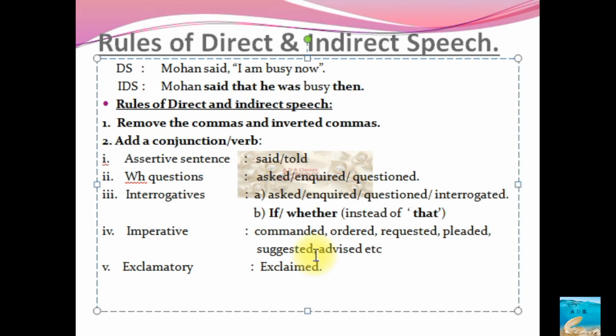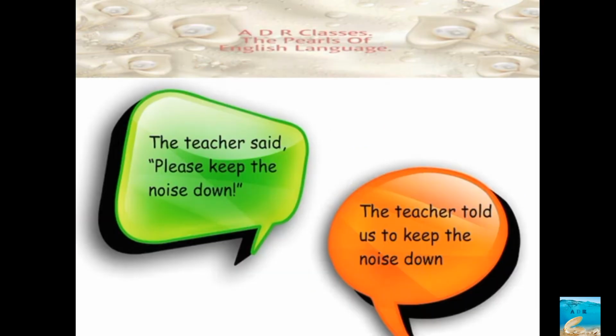In imperative sentences we use different moods, and based on those moods we use the verbs. This is also one of the kinds of imperative, but still it is not okay here. Since the word please is there, actually request should be used, but since the teacher is speaking to the students, the norms of the class demand that the teacher never requests the students.